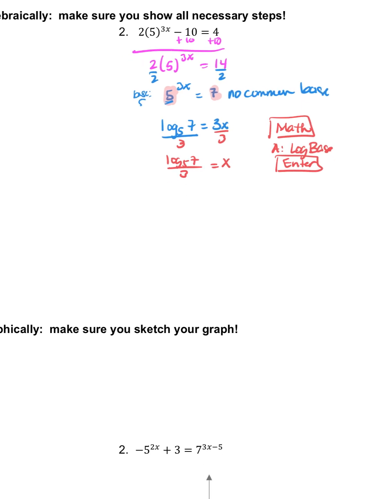It'll show up with a log, and you're going to put something here and something here. Then you're going to divide by 3. So log base 5 will be in there with the 7, and then divide by 3. And you'll get approximately 0.403. So make sure that you round to 3 places.